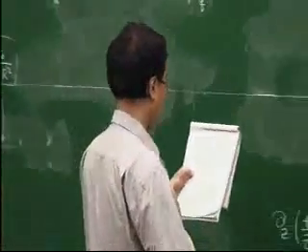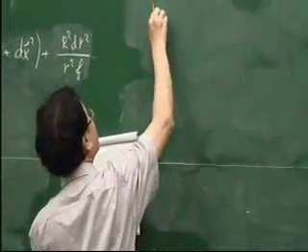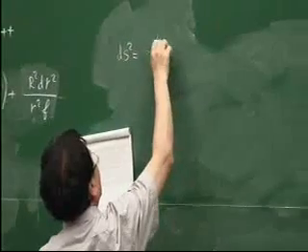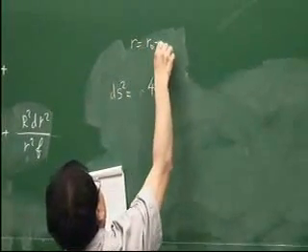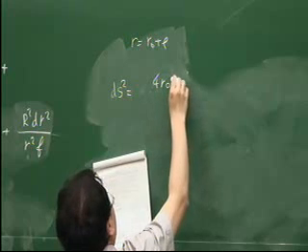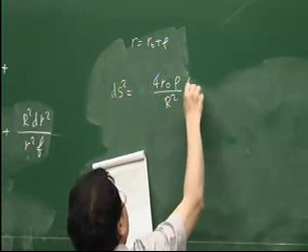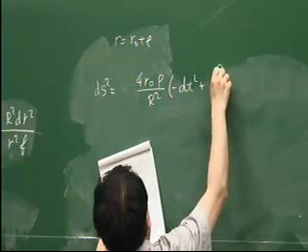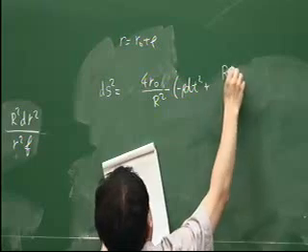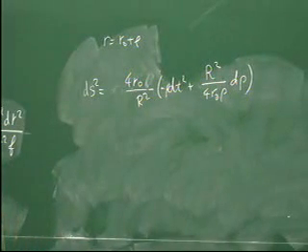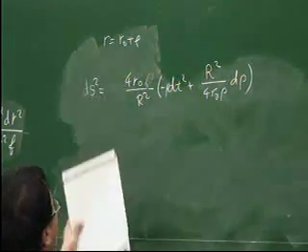Unfortunately I have erased one of my previous equations, but I will reproduce it here. Remember that we wrote down, when we said r equals r naught plus rho, that rho is r minus r naught.